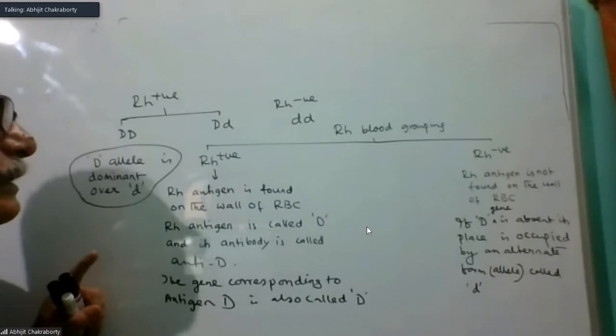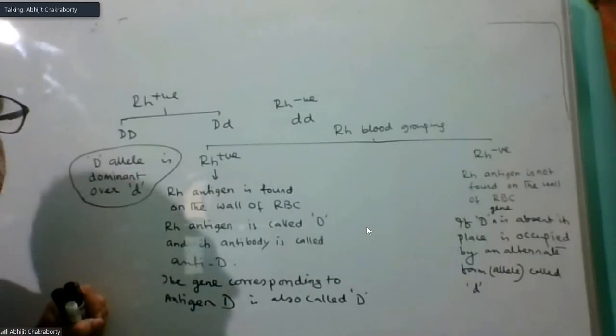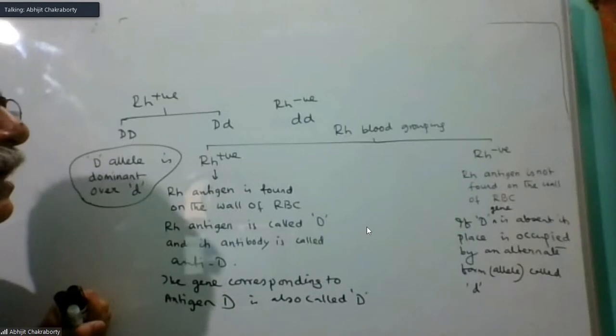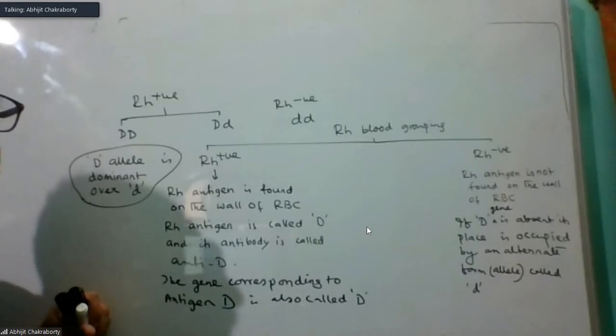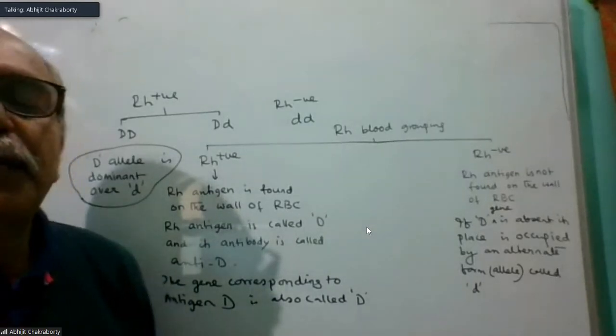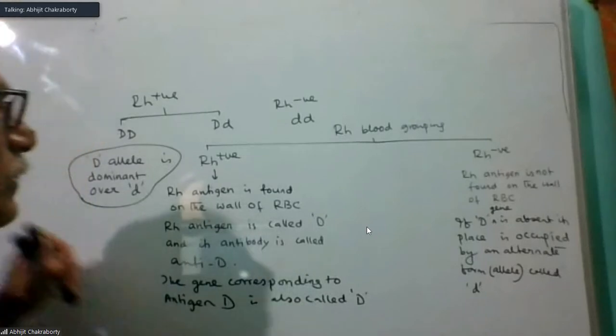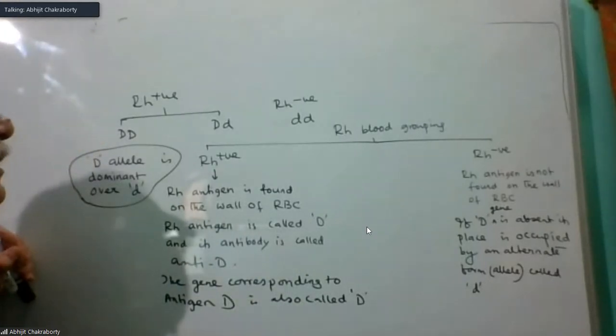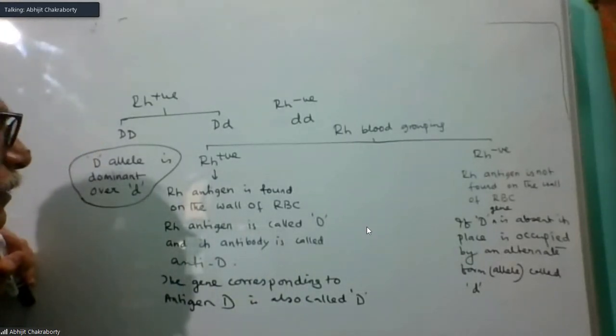If Rh antigen is present on the wall of the RBC, then the blood group is said to be Rh positive. If Rh antigen is not present, the blood group is said to be Rh negative. 85% of the human population are found to be Rh positive, and only 15% are found to be Rh negative.